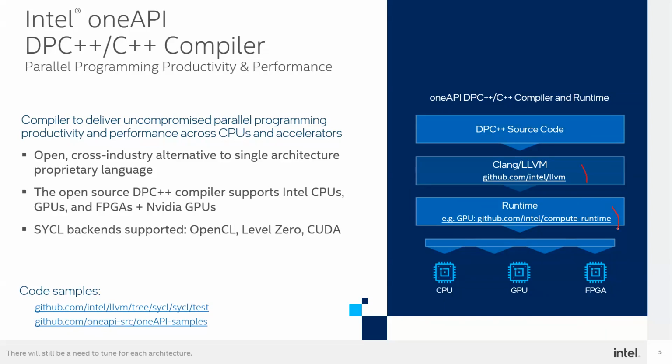And note that since we are talking about heterogeneous programming, there will be a need for a device compiler, right? In case of Intel, there is a third project called IGC, Intel Graphics Compiler, and it's also open sourced. Note that here I have been talking about open source projects.